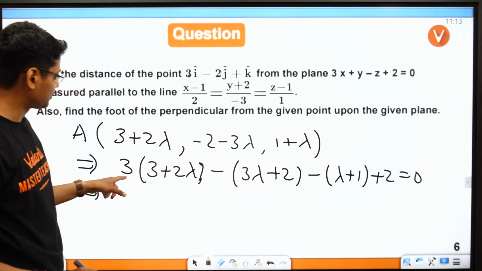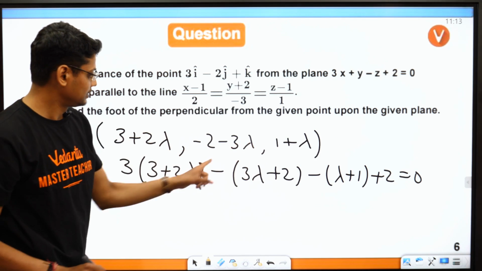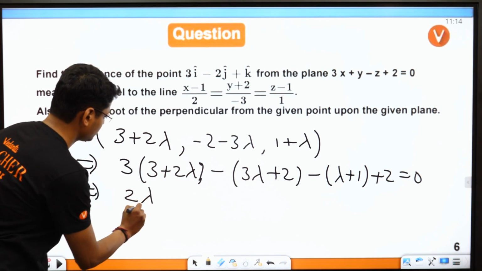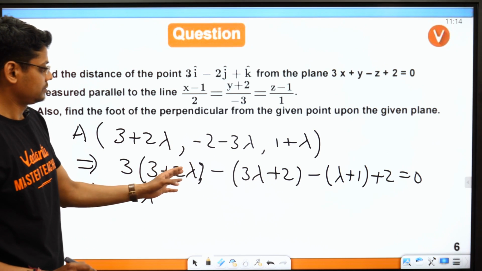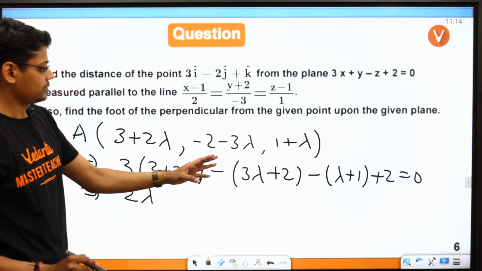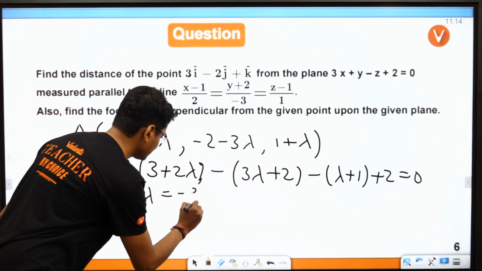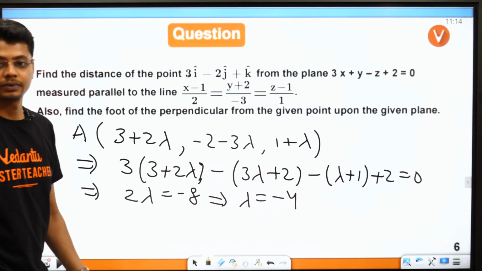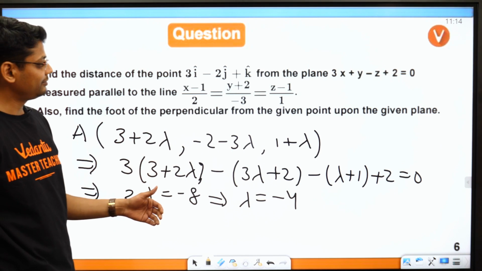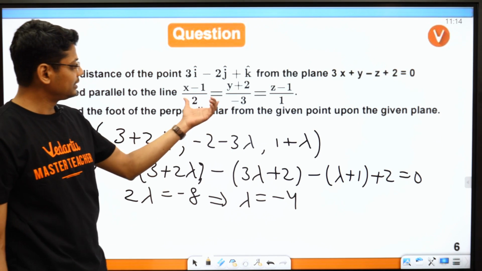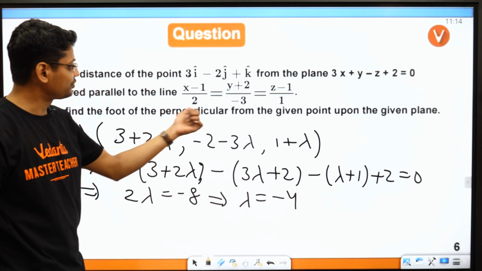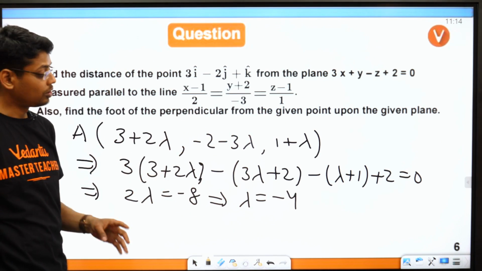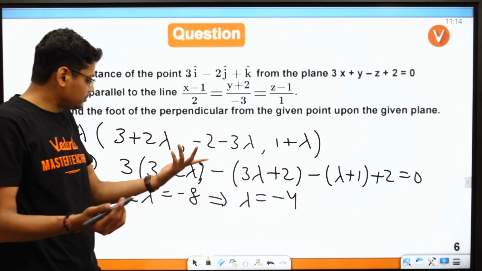So what value of lambda do we get? 6 plus 2 lambda equal to minus 8. That means lambda equals minus 4. Alright. So basically we are going along this vector 2i cap minus 3j cap plus k cap in reverse direction 4 times.